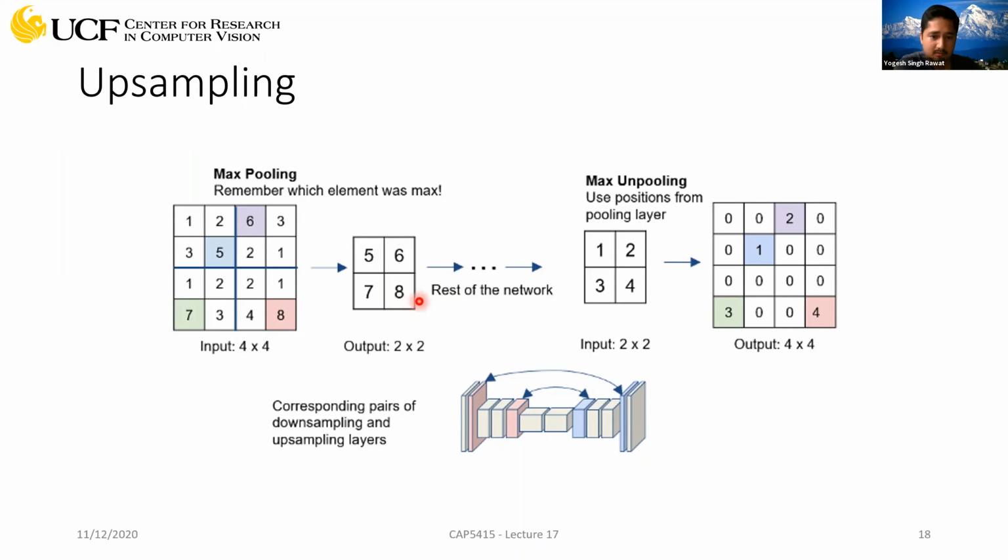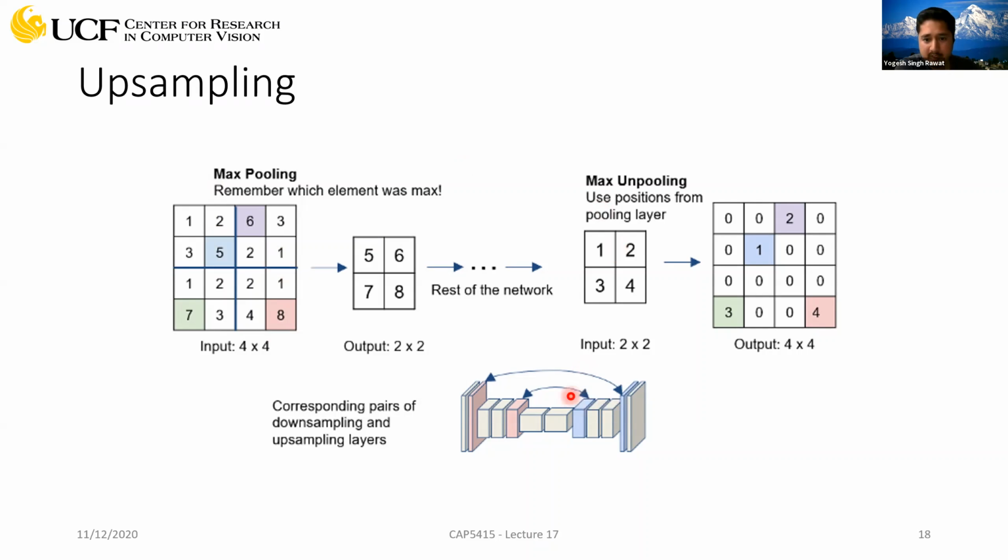Now, in max unpooling, you store this map of from which particular location your values were picked. So this heat map says that this value, this value, this value, and this value were picked. So you keep a note of that.